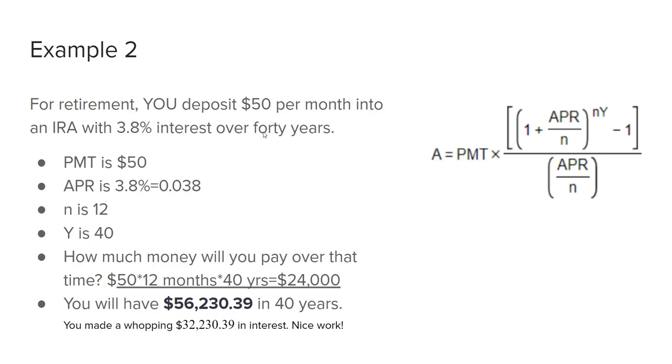If you have 40 years and you're making deposits every month, we've made about $32,230.39 in interest alone. We actually put in $24,000 into this account, but the interest, just based on that 3.8% interest for 40 years, we made over the amount that we put in purely in interest. So this problem is to really encourage you to start thinking about your retirement early.